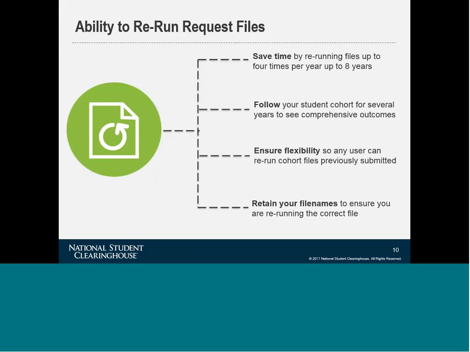The second thing is it allows institutions, users across campus to also help our institutional researchers to follow your student cohort for several years to see the comprehensive outcomes. You can run a file up to 8 years later, up to 4 times per year. That's a lot of file reruns. Let's take a look at what the file rerun process will look like.